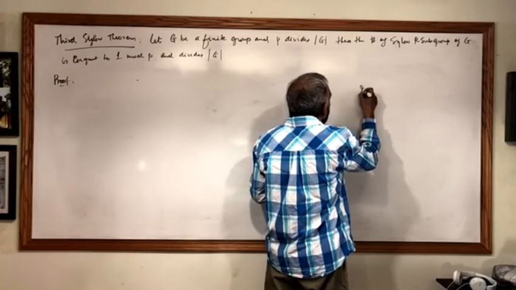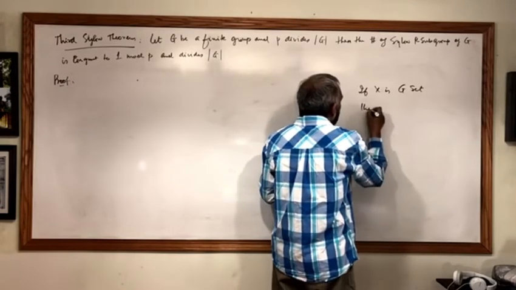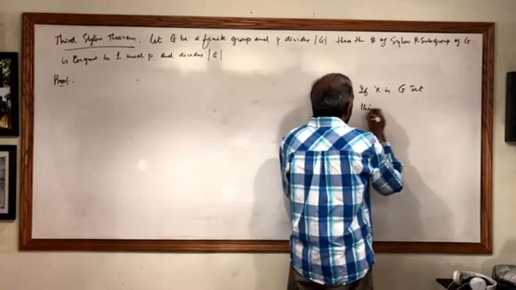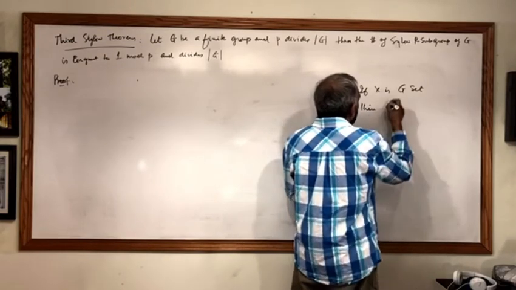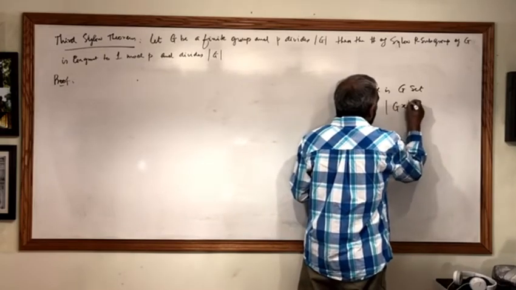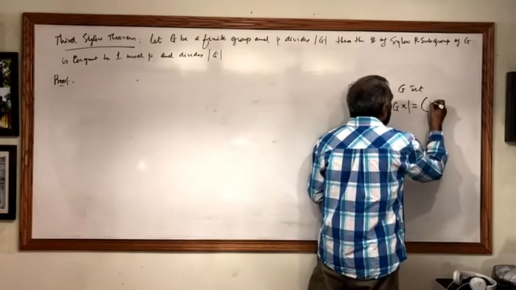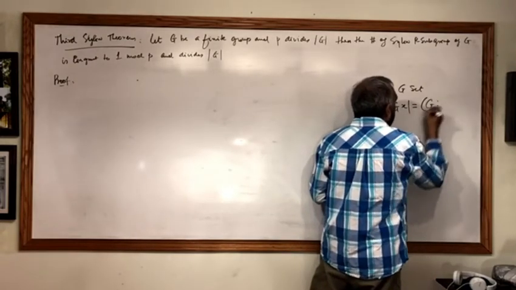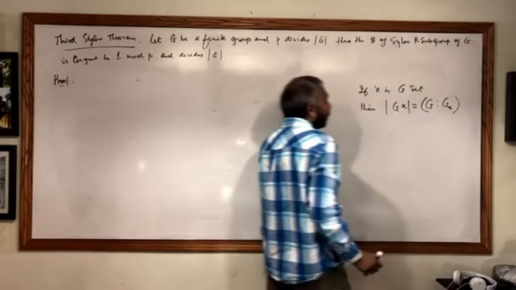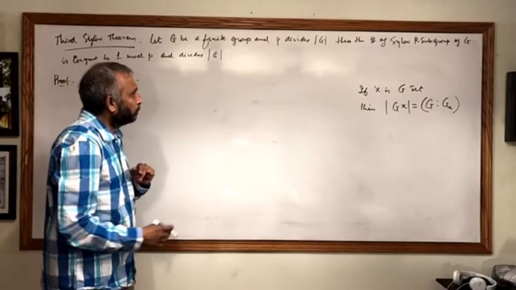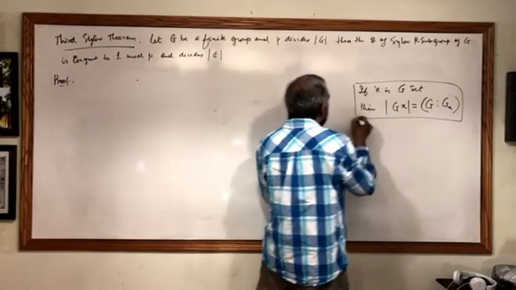If X is a G-set, then the length of the orbit containing x is equal to the index of G over the isotropy group of x. So we are going to use this result in here.